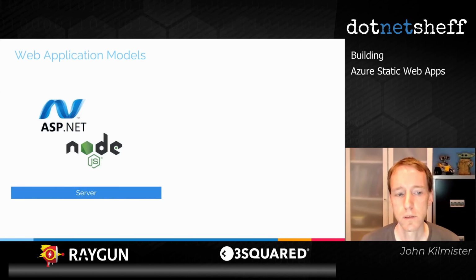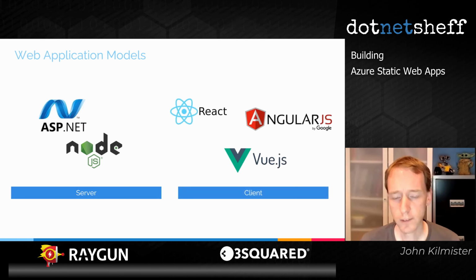Web application models. So a traditional model is something like ASP.NET or maybe, a bit more recently, something like Node.js or PHP. And in those, the majority of the work is done at runtime on the server. Alternatively, you can have a front-end framework like React or Angular or Vue.